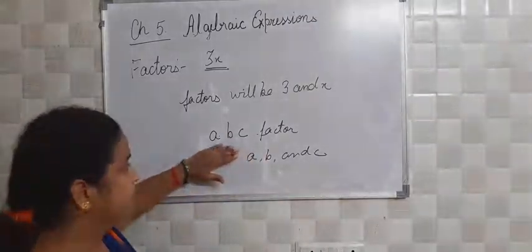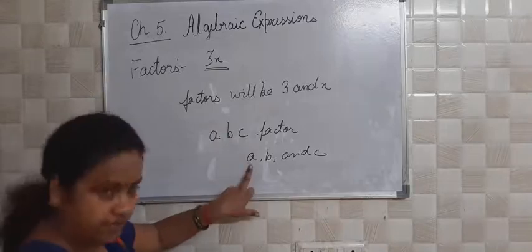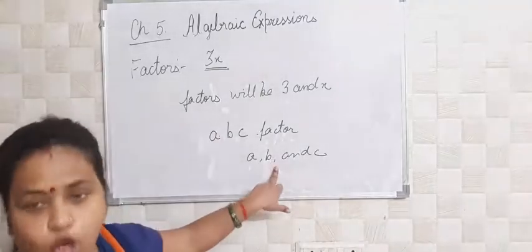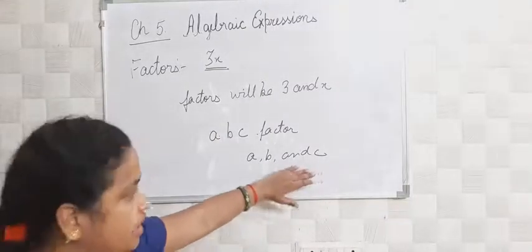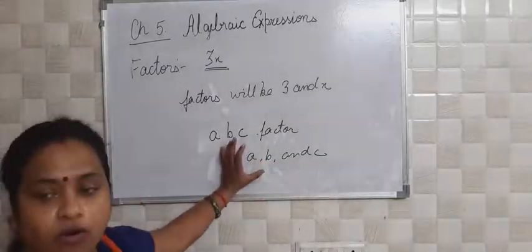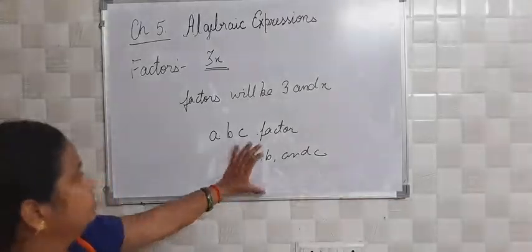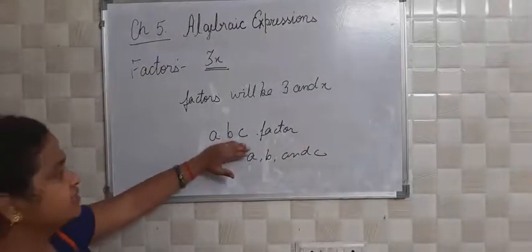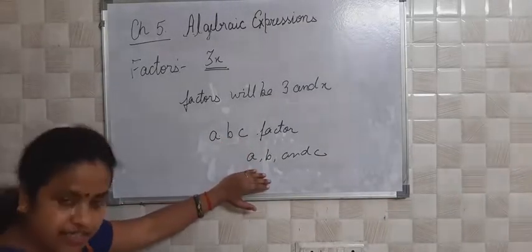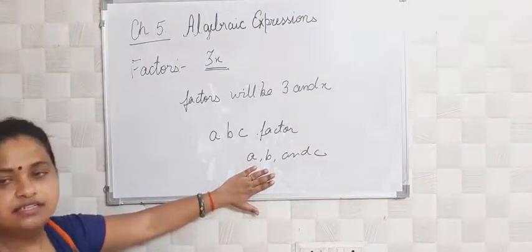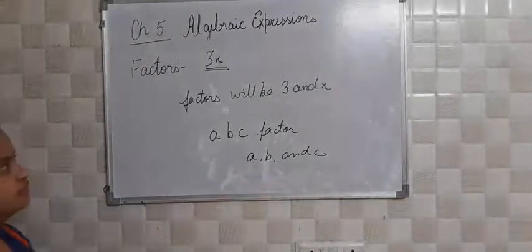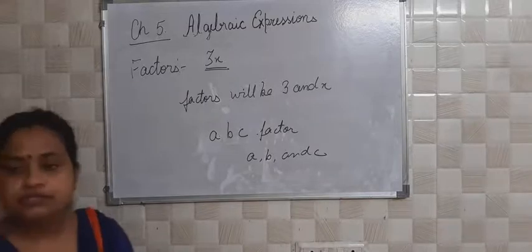Whether it is multiplied by A, B or C, when we multiply all these together, we say that ABC has factors A, B and C. Is it clear to you, students?